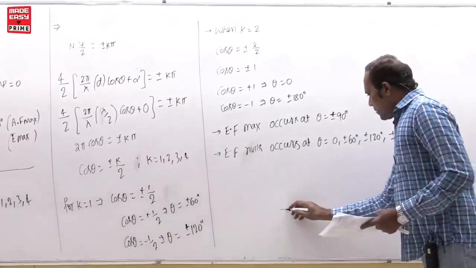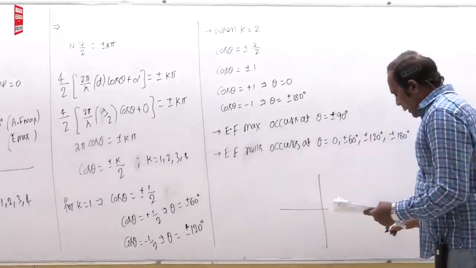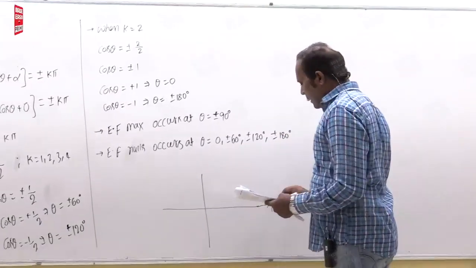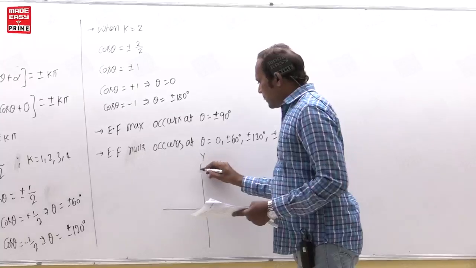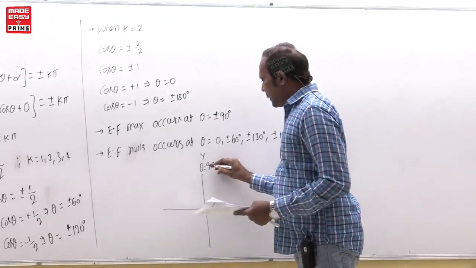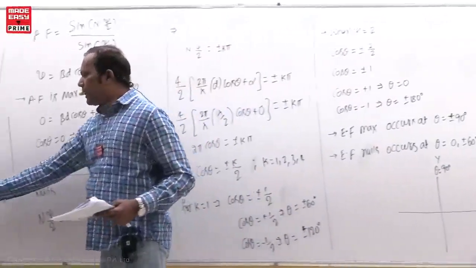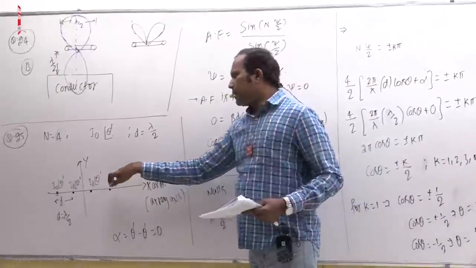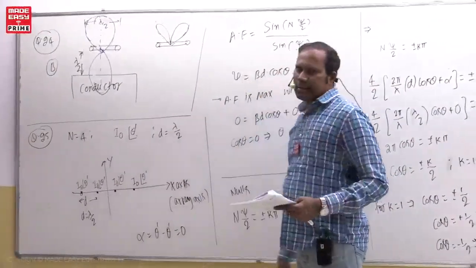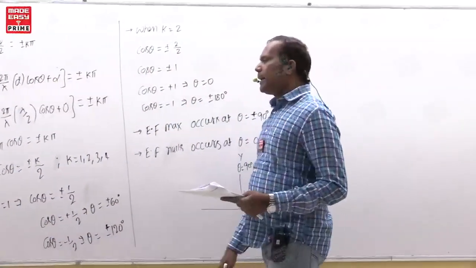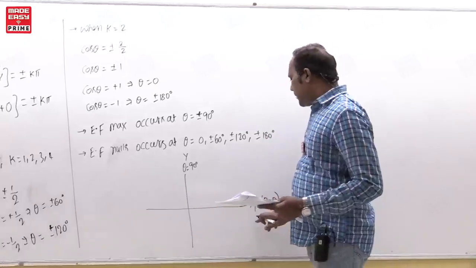Now if you see carefully, this is the x-axis, here theta is 0, and this is the y-axis, theta is 90 here, because the xy plane was given, that is, these antenna elements are on the x-axis. So the antenna array axis is the x-axis. From the antenna array axis, this theta is measured.